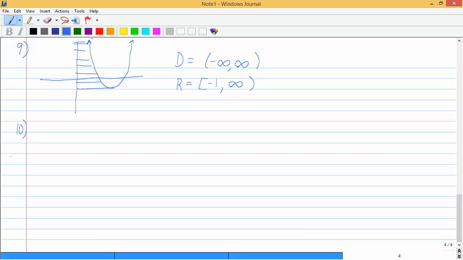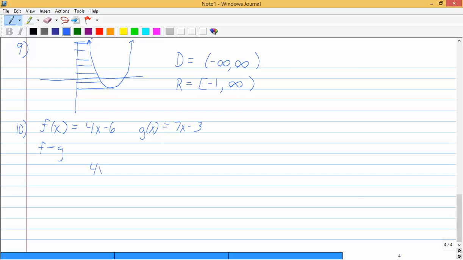Number 10 says find f minus g. F of x equals 4x minus 6. G of x equals 7x minus 3. Be careful when you're subtracting, because if you subtract something, you have to put that whole something in parentheses.